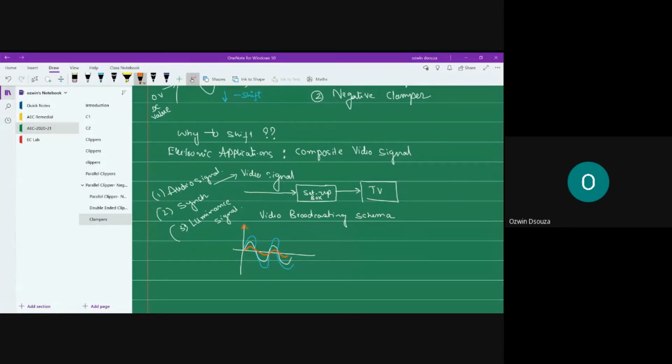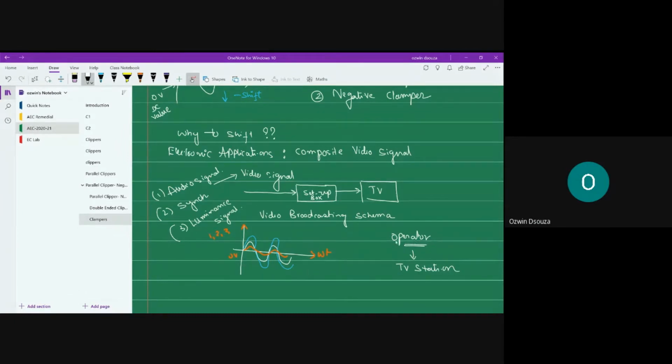So this is signal 1, 2, 3, and this is your time axis. If you were to pass all these three signals with zero offset value, then the operator who is sitting in the TV station will have a lot of trouble identifying the signals.